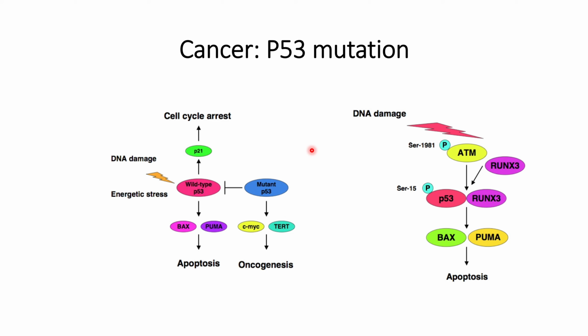So let us now understand how this DNA damage works in slightly more detail. In the normal case, P53 is not phosphorylated, because it is bound to a different cofactor.